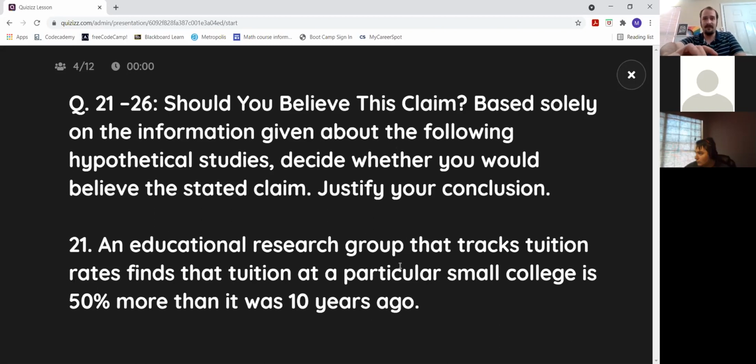They're going to track tuition rates, and at a small college, it's 50% more than it was 10 years ago. That sounds kind of low. This was probably an old problem or something. It's probably going up more than that, but maybe not. Definitely sounds reasonable. Are there any questions on this one?